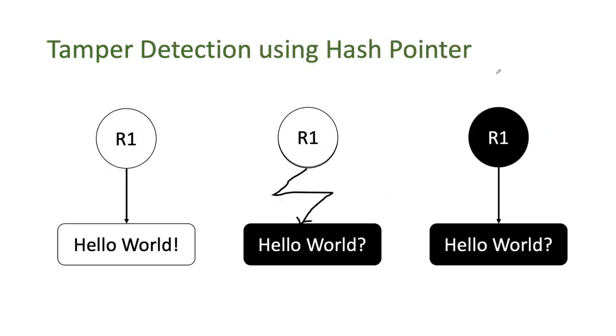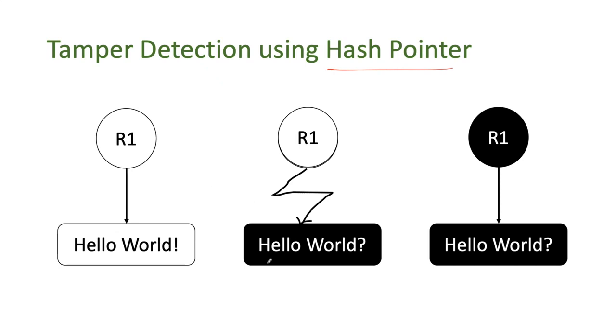Okay, so we'll see that. To detect tampering using this hash pointer, initially one block is created, one hash is created, hello world, by a user R1. Using this message, the R1 hash is created.